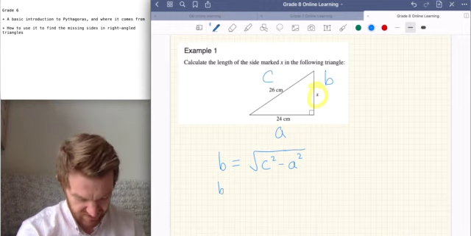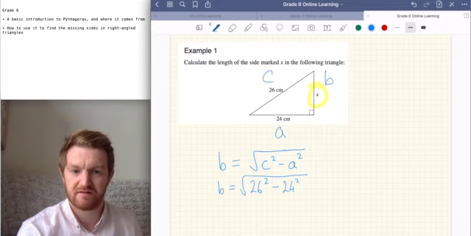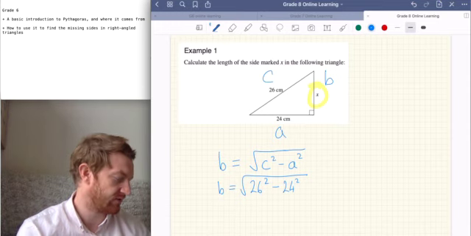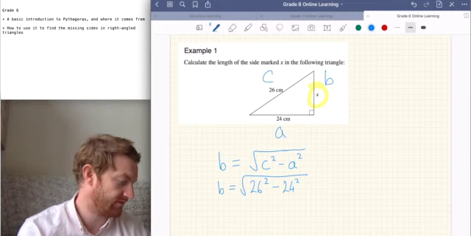Put in the numbers: 26 squared minus 24 squared, all square rooted. You can type that into the calculator.